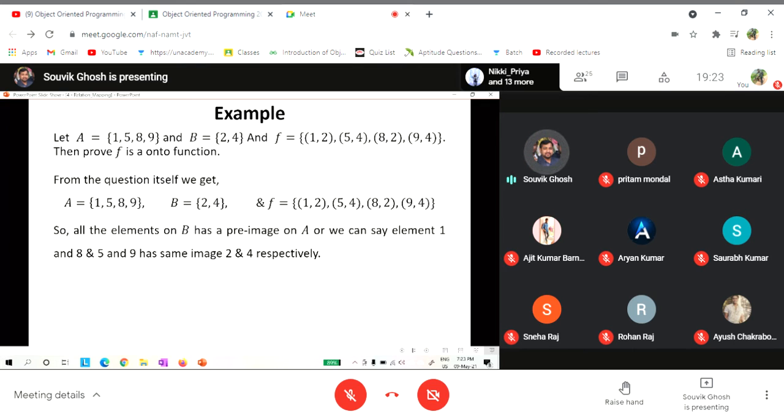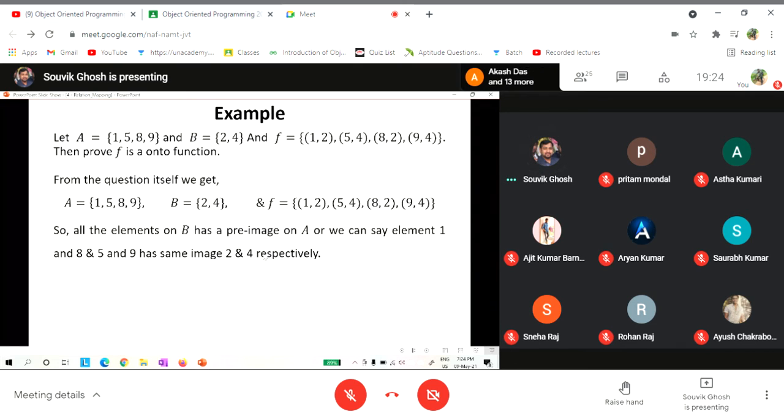So all the elements in B have a pre-image in A. Elements 1 and 8 have the same image 2, and 5 and 9 have the image 4.